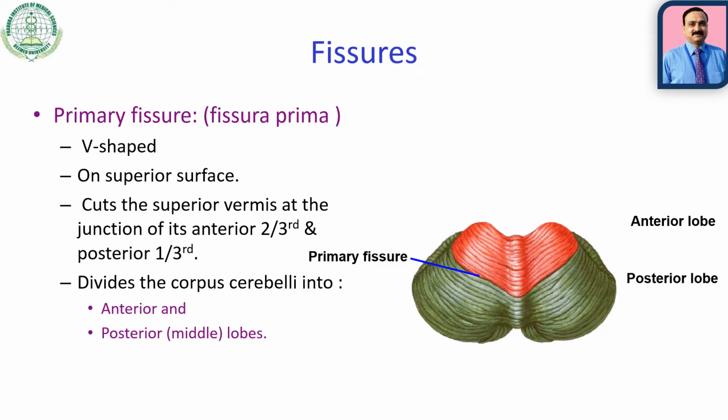The primary fissure divides the cerebellum into the anterior lobe, this red colored portion, and the posterior lobe, this green colored portion, also called the middle lobe. The third one is the flocculonodular lobe, which we have already seen from the inferior aspect.